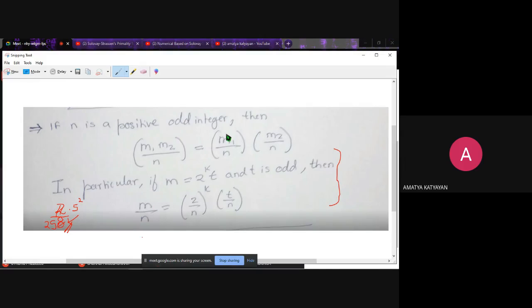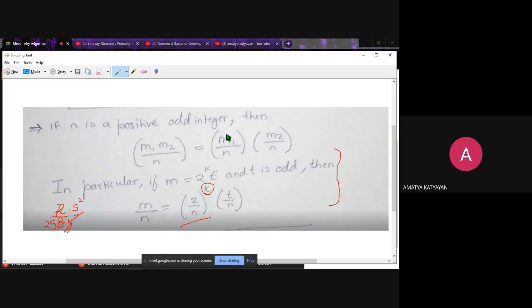Then these cases rarely occur, but if it occurs, you have to take into consideration this property which was given. Whatever power you are getting, the Legendre symbol raised to k. But it is not really possible, because in this case also, 5 divides 25. 25 is divisible by 5.